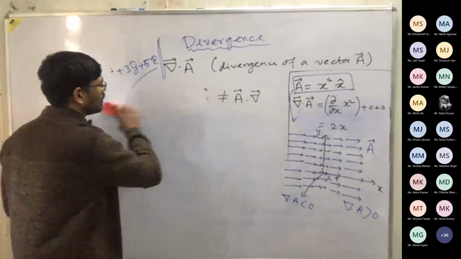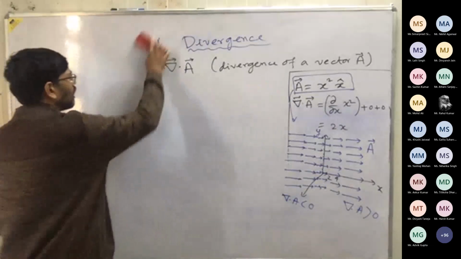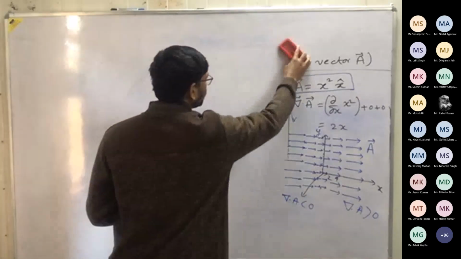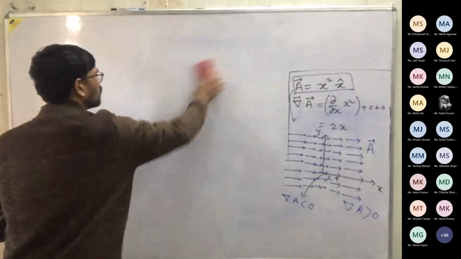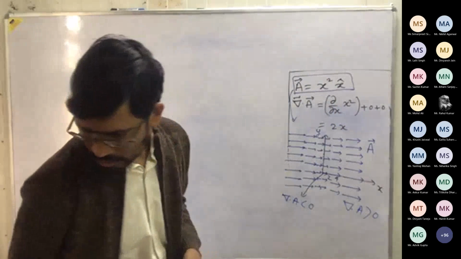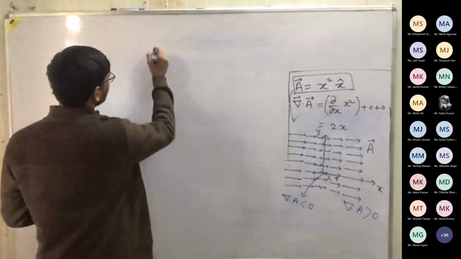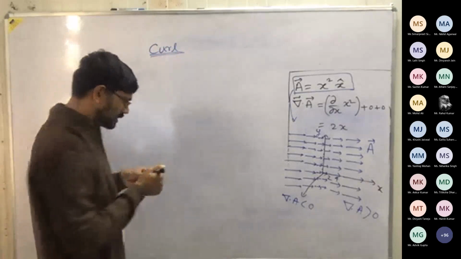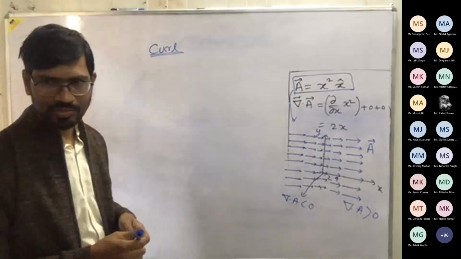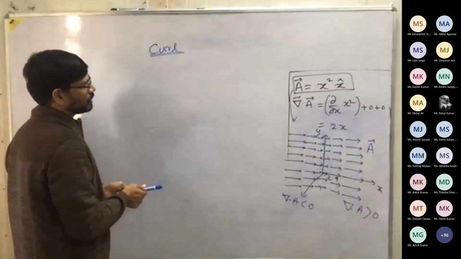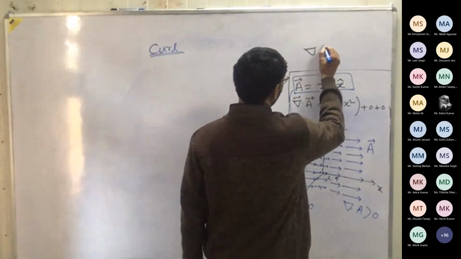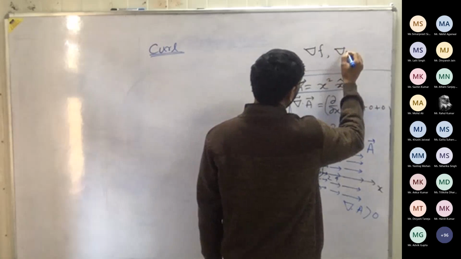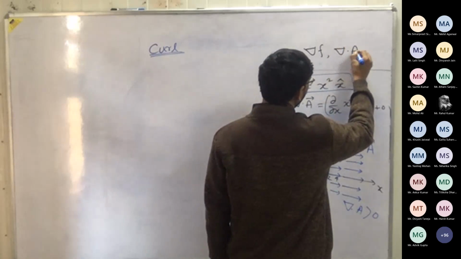So now I'll discuss the curl. What is curl? Curl is again a vector quantity. We had the grad of a scalar quantity, and then we gave the divergence of a vector.